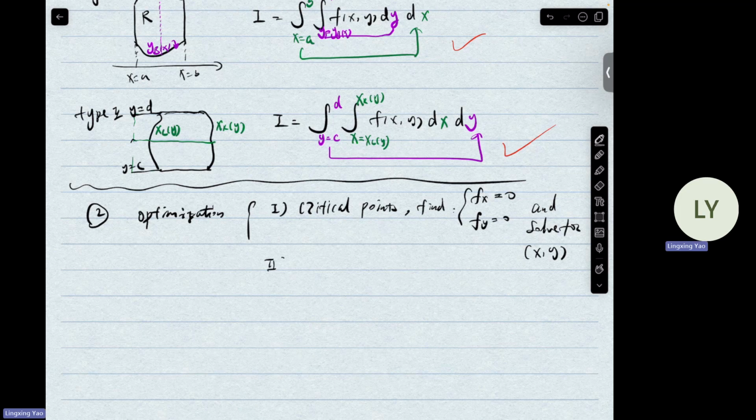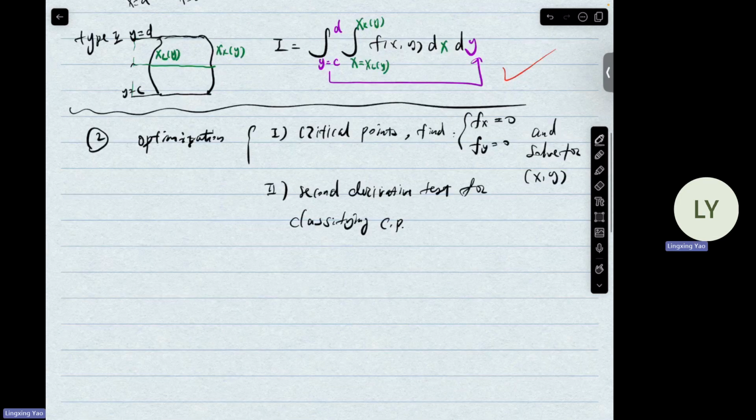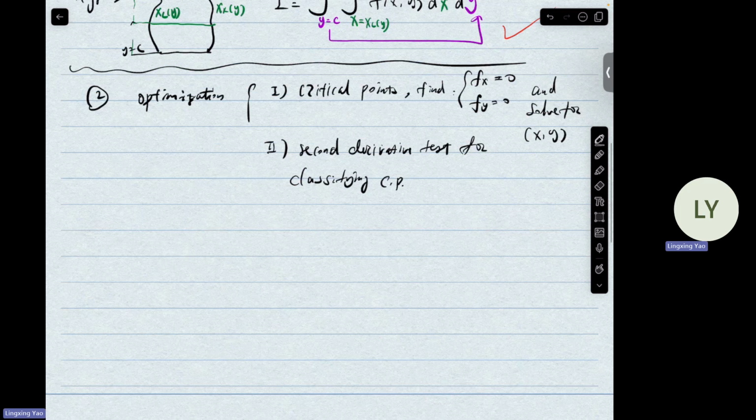Okay, and the second one is the so-called second derivative test for classifying critical points, either local max, local min, or saddle, or cannot be determined.